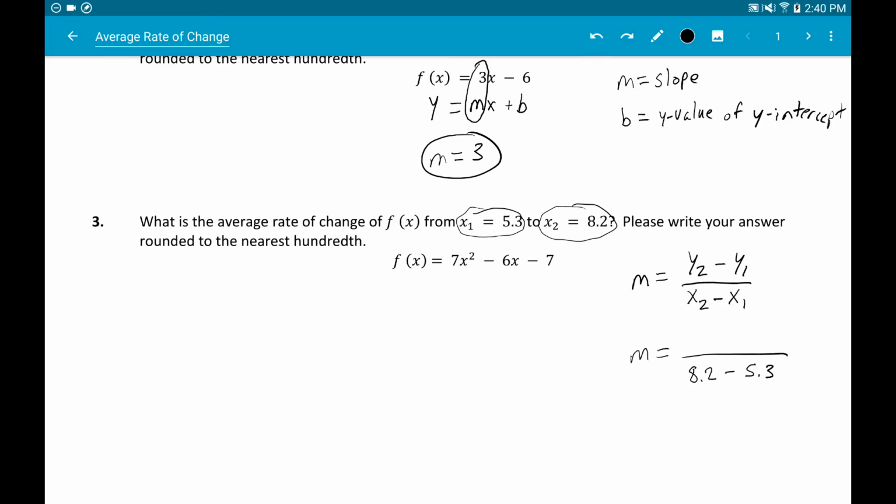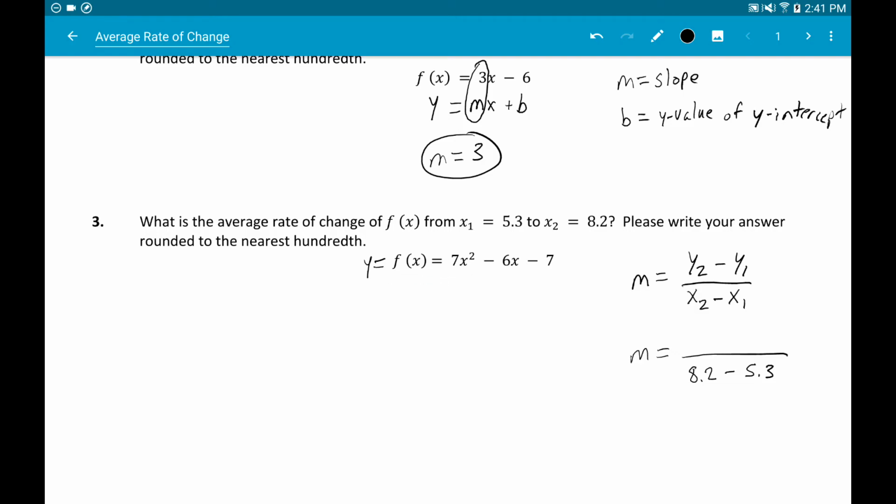Well, it's simple enough to do. We just have to remember what f of x means. f of x is a notation for a function, but in essence it means the same thing as y. So in other words, if you know the x values, which we do, we could plug them into this function and calculate the y values.